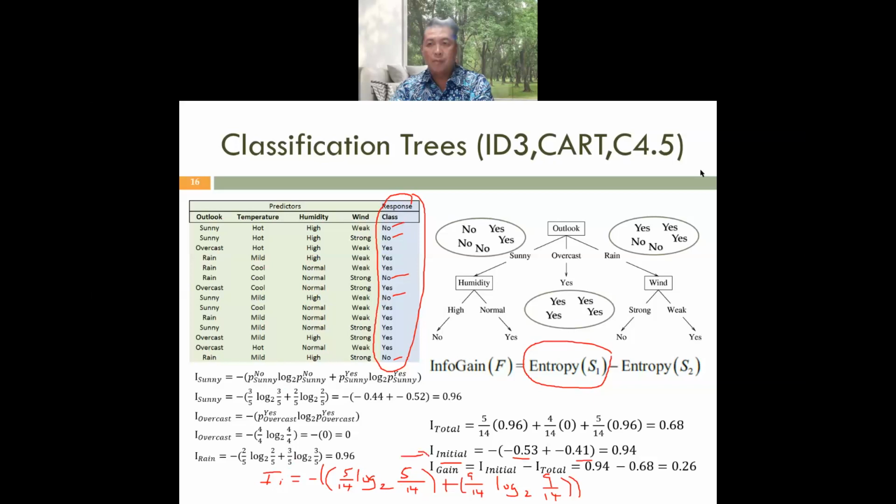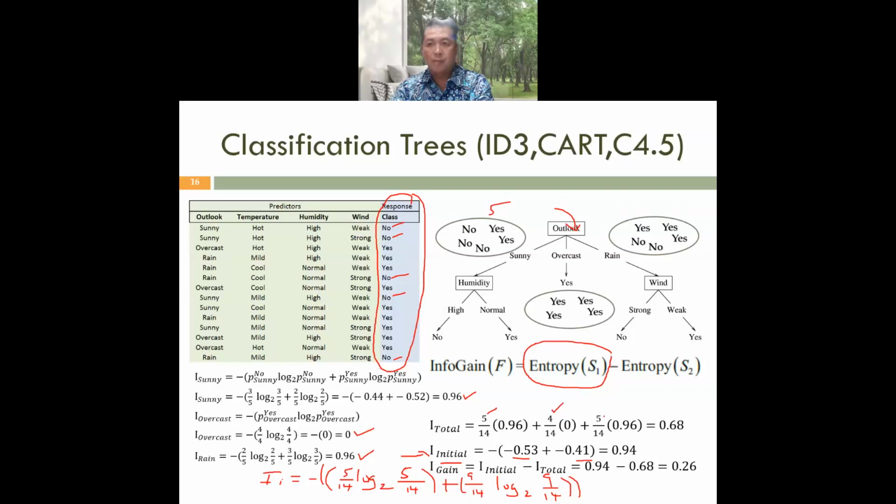But after you split using the outlook here, then we have the sunny entropy, the overcast, and also the rain. To total up the partition entropies, we use 5 over 14 because we have 5 here, and then 4 over 14.